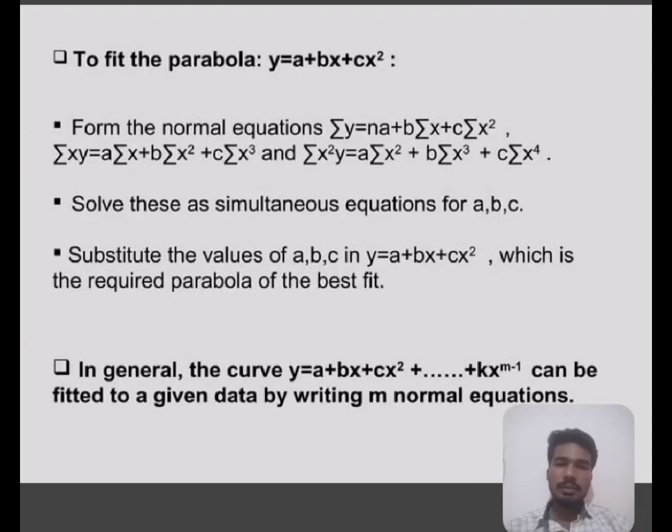In general, the curve y equals a plus bx plus cx square plus up to k x to the power m minus 1 can be fitted to given data by writing m normal equations.